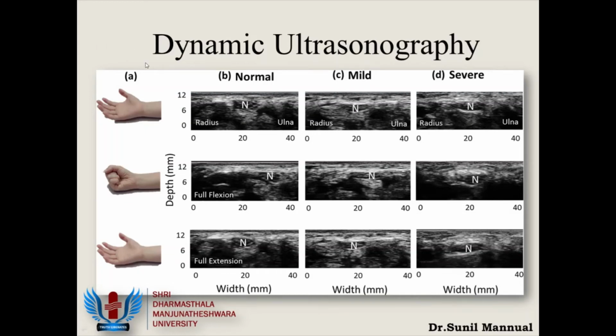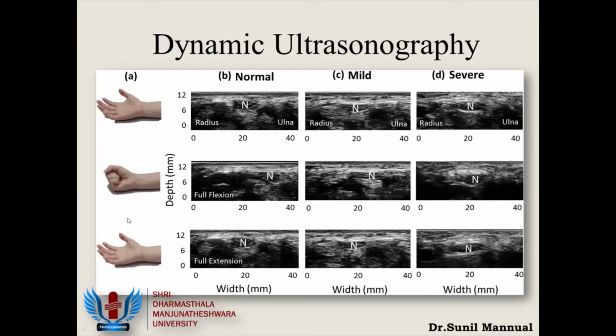The sonologist will take the patient's wrist through different movements, flexion, extension, finger folding, finger extension, and look at how the different movements are reducing or increasing the size of the carpal tunnel, and also the way in which the nerve is compressed.